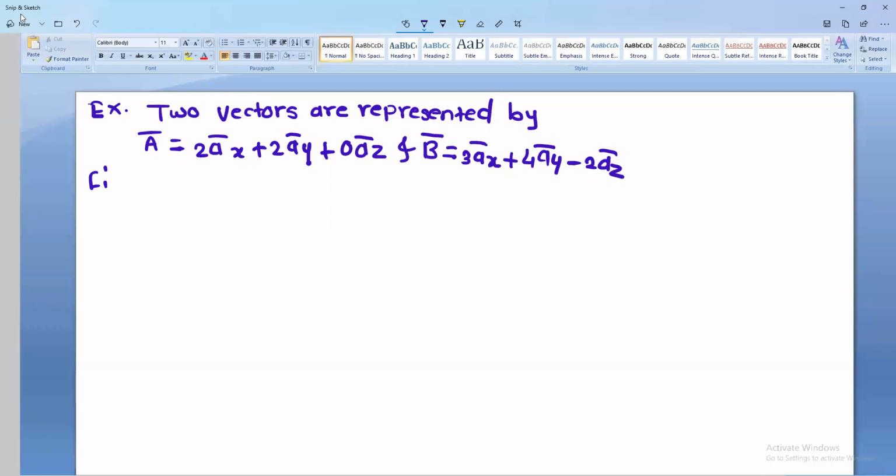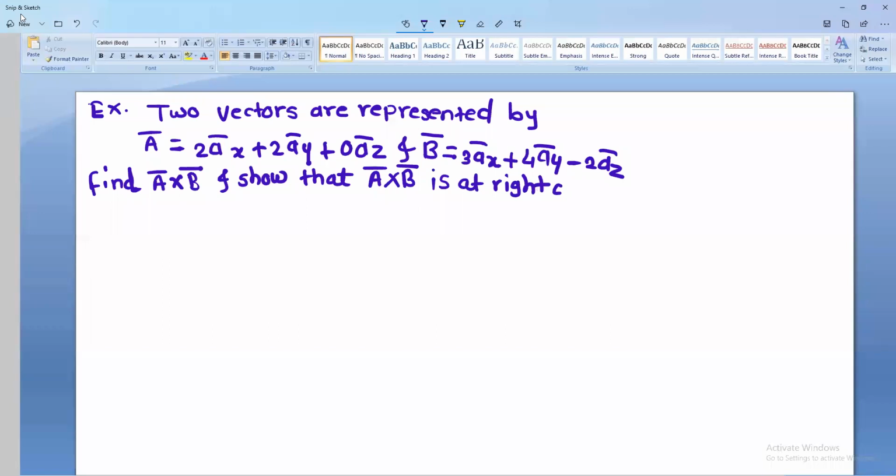Find a bar cross b bar and show that a bar cross b bar is at right angle to a bar.